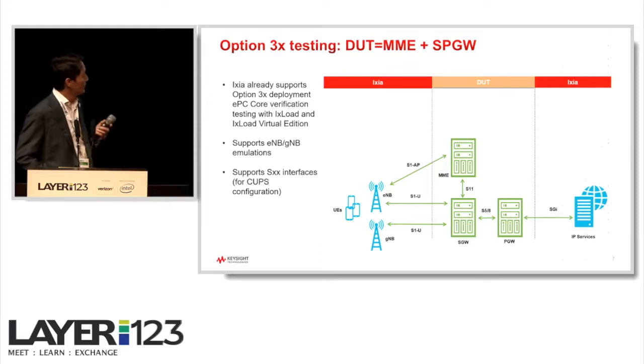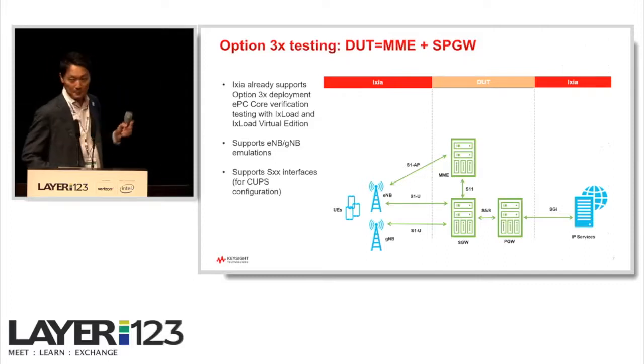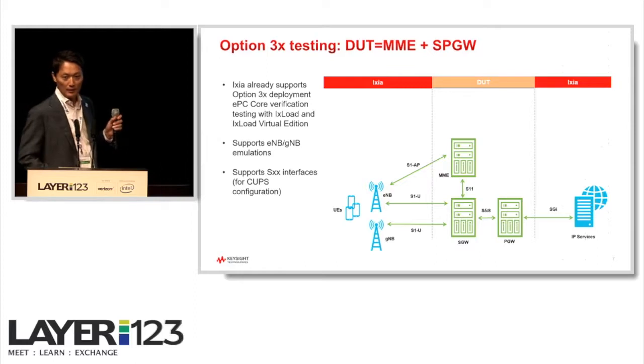So the diagram doesn't reflect this, but if you see the S gateway and the P gateway, SGW, PGW, in the initial 5G implementation, these are actually separated into separate control and user.